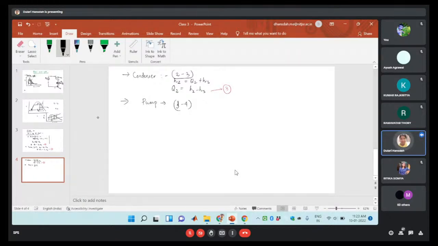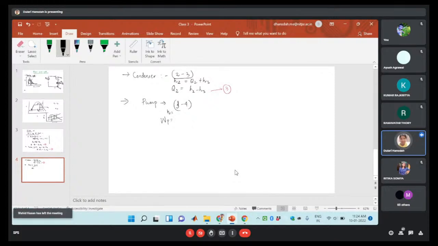So in the case of the pump, we require the compression work, that is the pump work WP. WP will be found from the steady flow energy equation, as it is work conjunction.